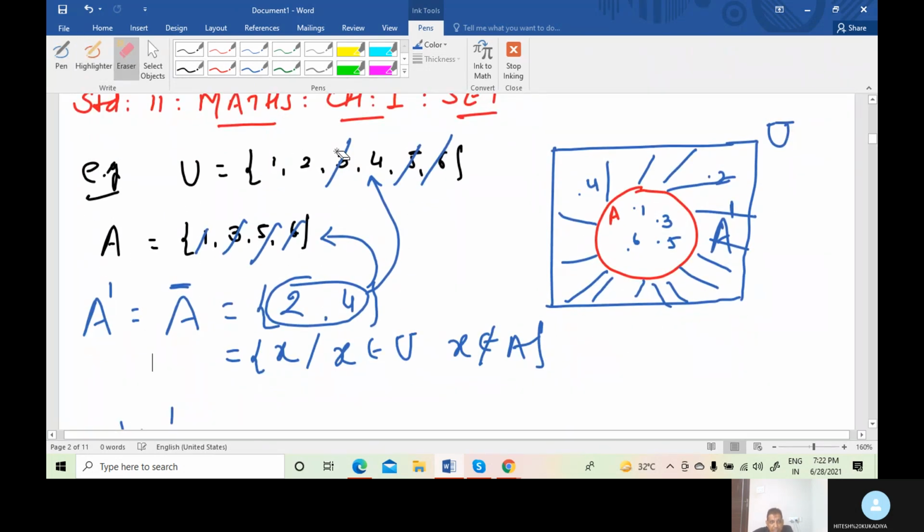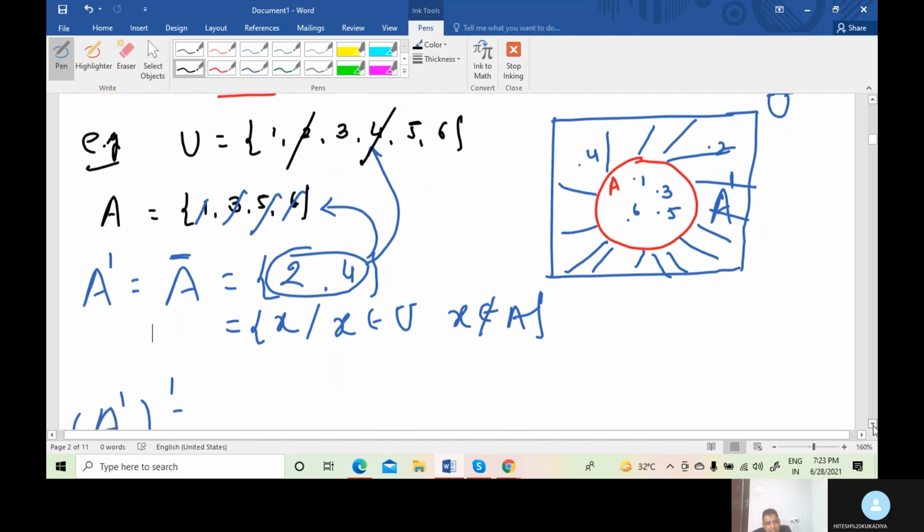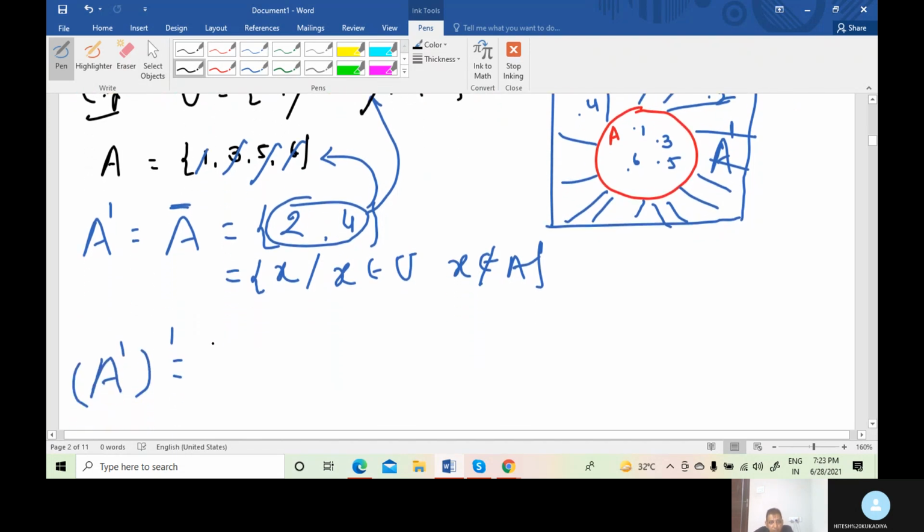Now write the complement of the complement. So the complement of A dash: the complement of A is {2, 4}. Now 2, 4 cancel. Which elements remain in the universal set? 1, 3, 5, 6. This is the set A.